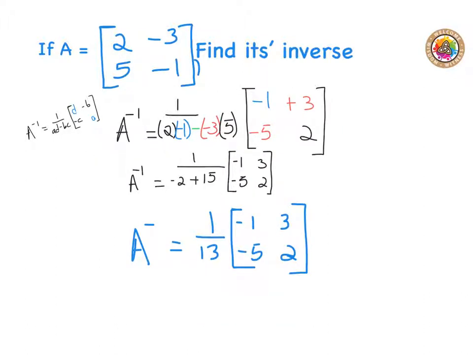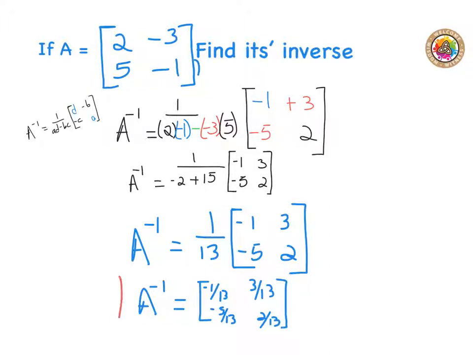So A to the power minus 1, or A inverse, is equal to minus 1 times 1 over 13, which is minus 1 over 13. As you can see, all we have is our basic multiplication by a scalar. So here is 3 over 13, here is minus 5 over 13, and here is 2 over 13. And that's my answer for A inverse.